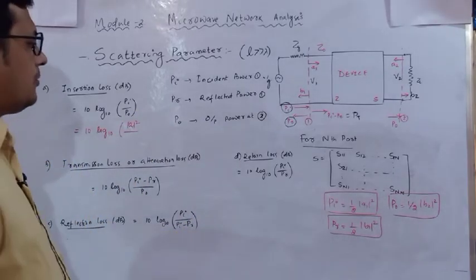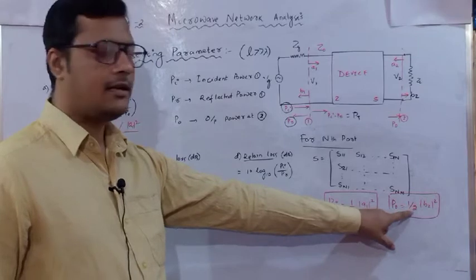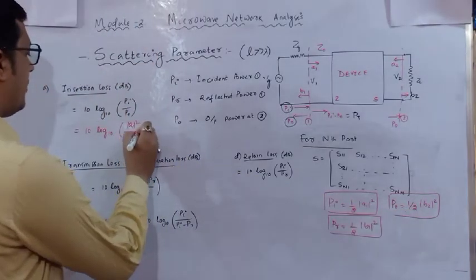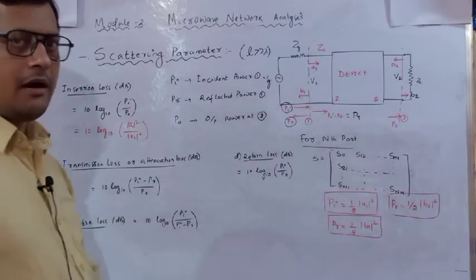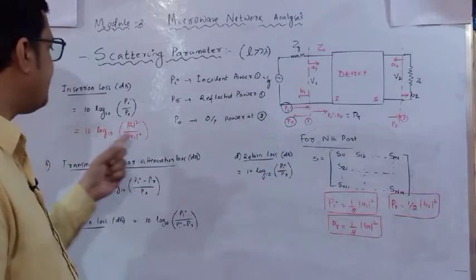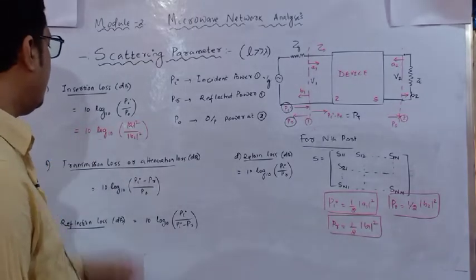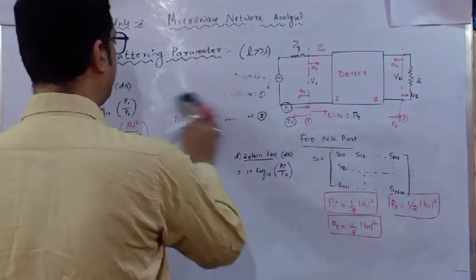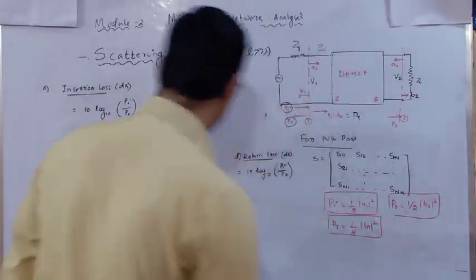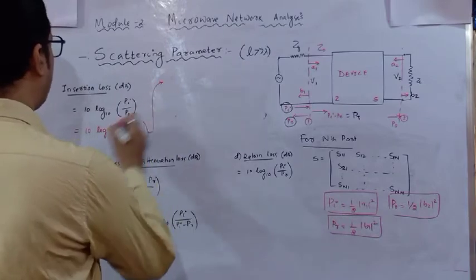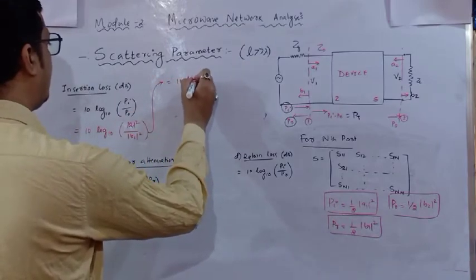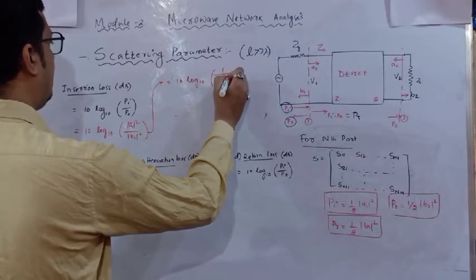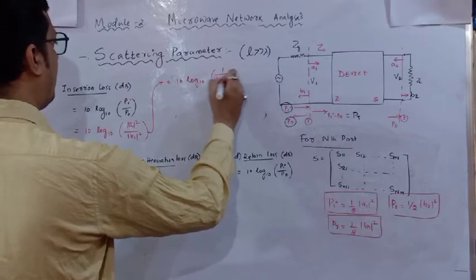And what is my output power? Output power is half mod B2 square. The half will be cancelled out. Now this relation I can write as 10 log base 10 of 1 by mod B2 divided by A1 square.